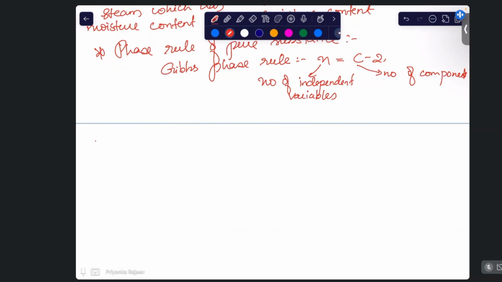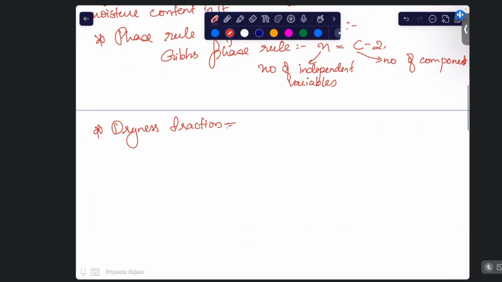Now dryness fraction. Dryness fraction is given by mass of dry steam divided by mass of total mixture.